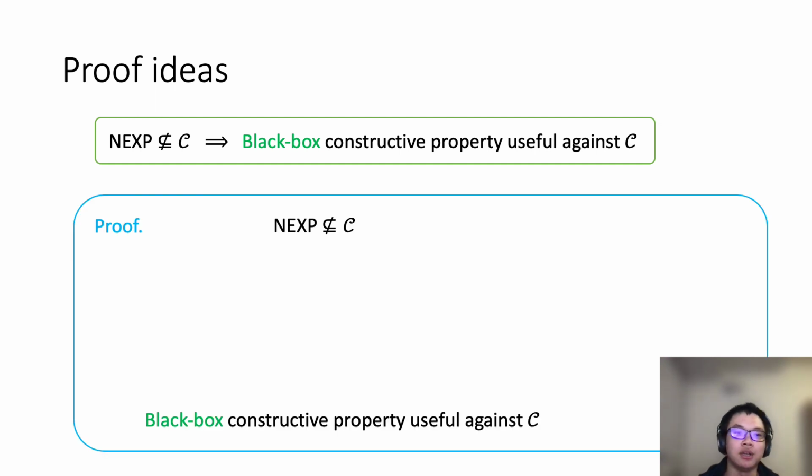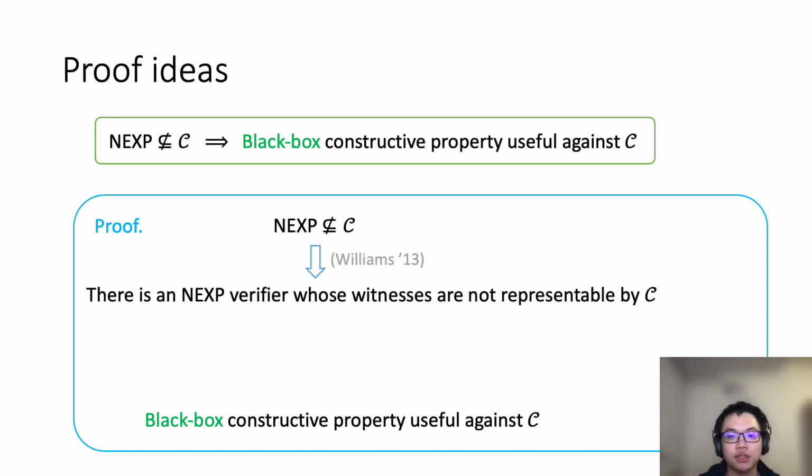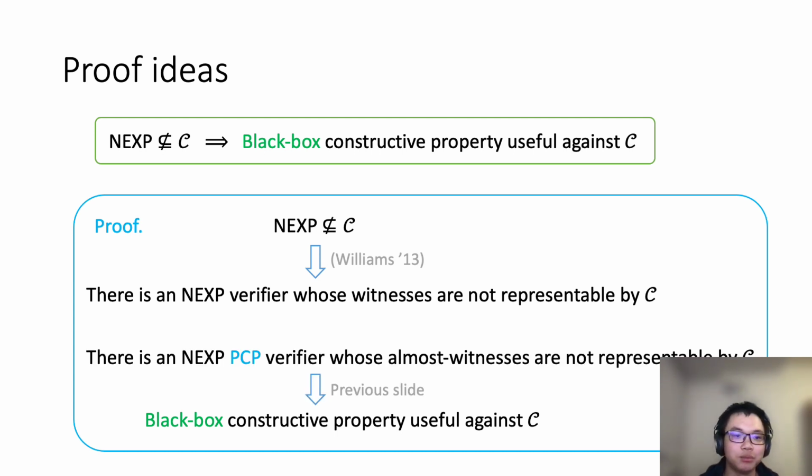We start from NP not containing C, and our goal is a black box constructive property useful against C. We still use the first step in Williams' proof, which gives us a witness lower bound from the NP circuit lower bounds. And the previous slide tells us that almost witness lower bounds for PCP verifiers implies black box constructive useful properties. But there's still a gap in the middle.